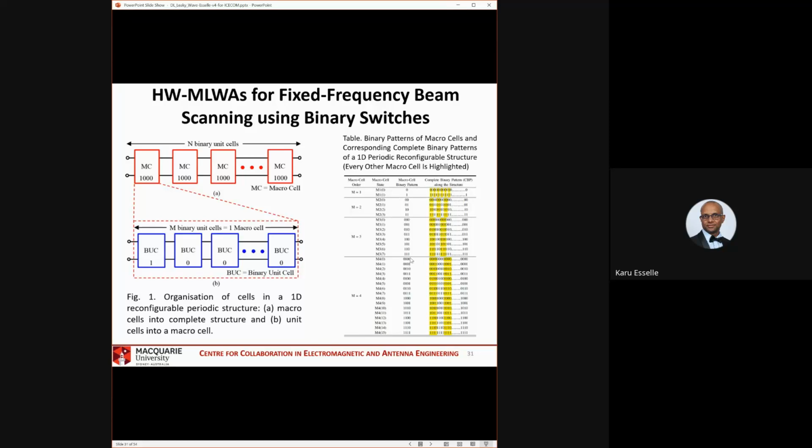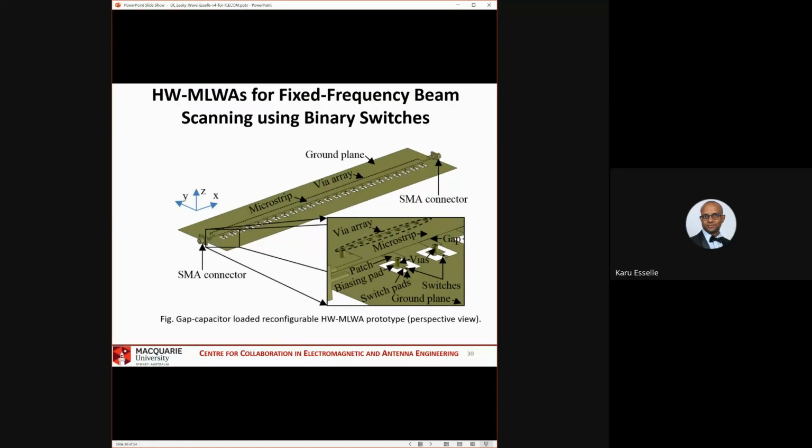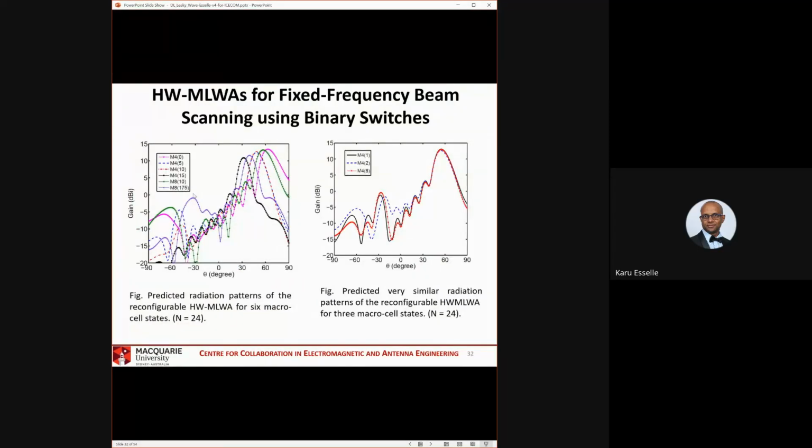That means 0, 0, 0, 0 repeats, so all the switches are off. If that is the case, the radiation pattern is this, the pink one, which has maximum theta, maximum steering.